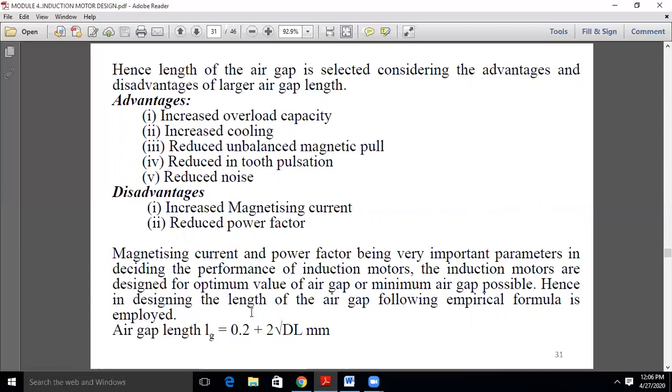Hence, in designing the length of the air gap, the following empirical formula is employed for calculating the air gap length: 0.2 plus 2 square root of D into L millimeter. D and L are the main dimensions of the induction motor. So this is about the choice of air gap.